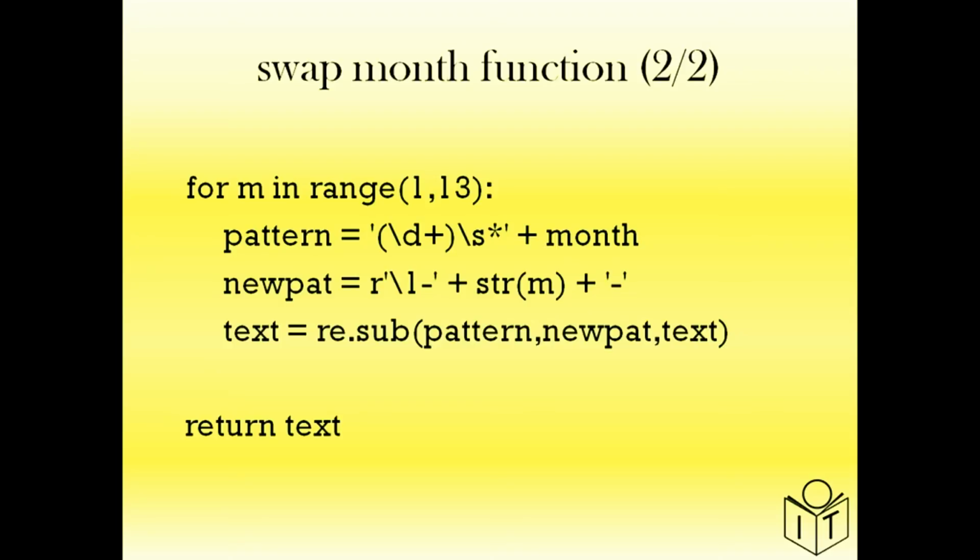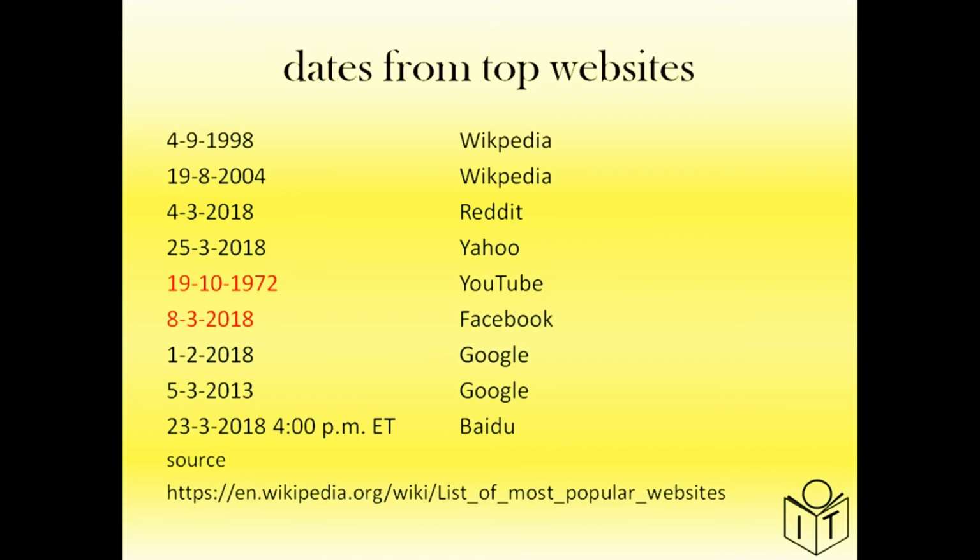So when we change those two, you can see those two are in red now, that all of the dates have the day dash month dash year. So that's achieved our goal in this example.